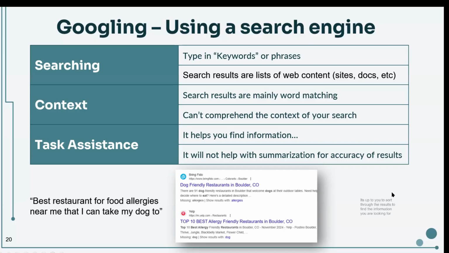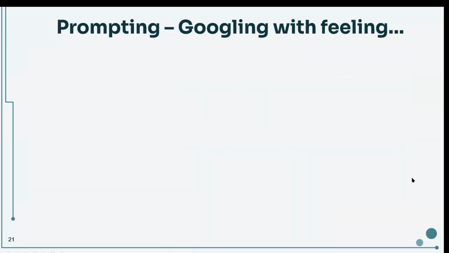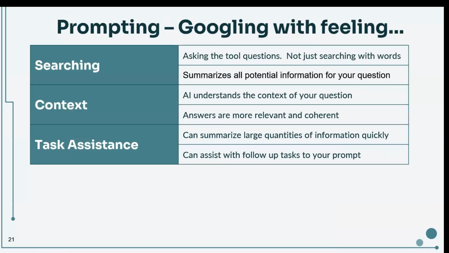Now, let's talk about prompting. Googling with feeling is really all it is. So if we ask the same question, you're asking the AI tool questions, not just searching for words. It's going to summarize all the potential information based off the prompt, the instruction that you give it. AI understands the context of your question, and answers are more relevant and coherent.